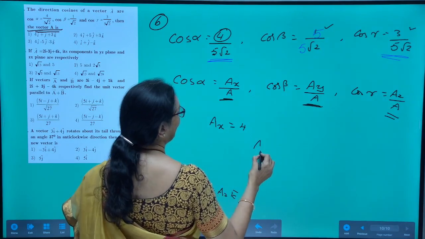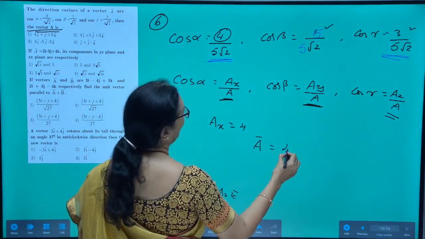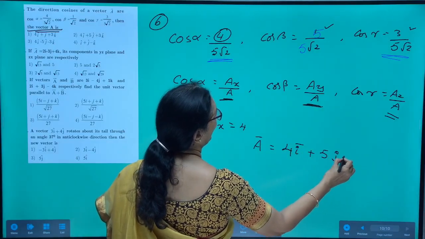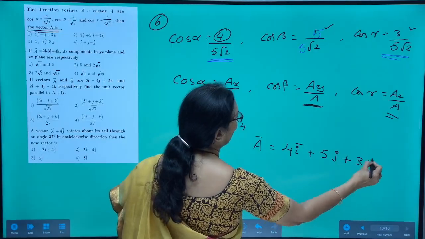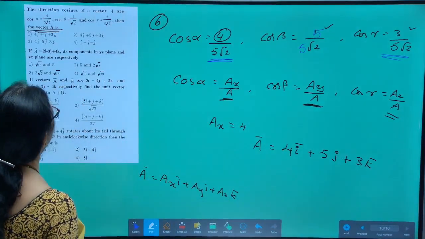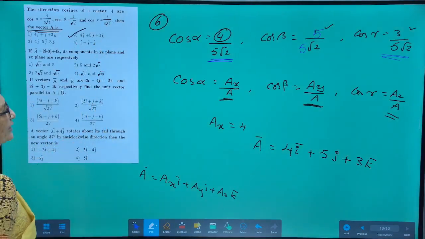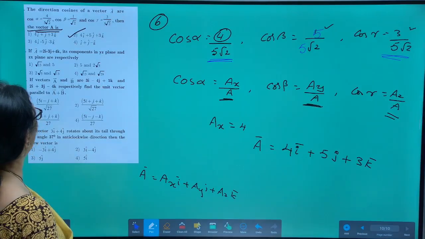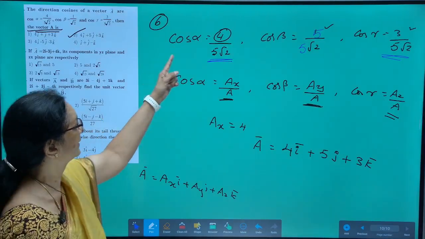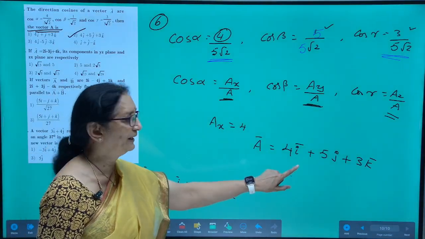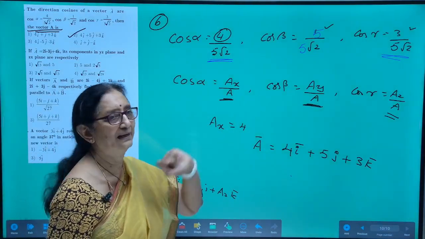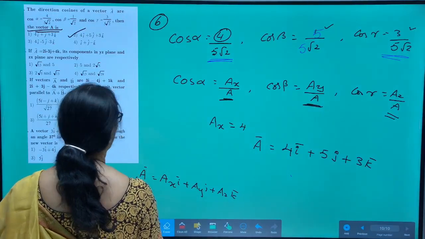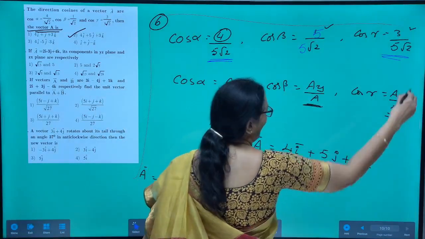So, the vector can be written as 4i bar plus 5j bar plus 3k bar. That is the answer for that problem. Direction cosines are given, from which we could find out the vector using the expressions for direction cosines. Now, let us go to the next problem.